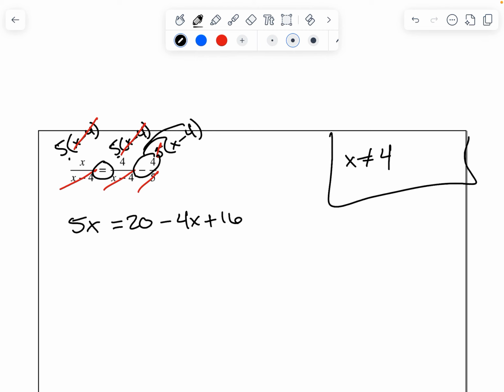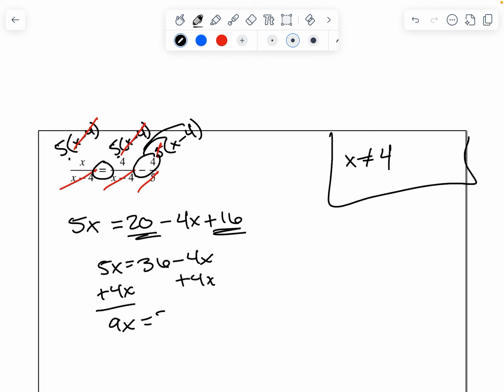Now I'm just following the same steps that I followed in the last video, where we want to combine like terms. So that would be 36 minus 4x. And we can add 4x and get 9x equals 36. Divide both sides by 9 and get x equals 4.